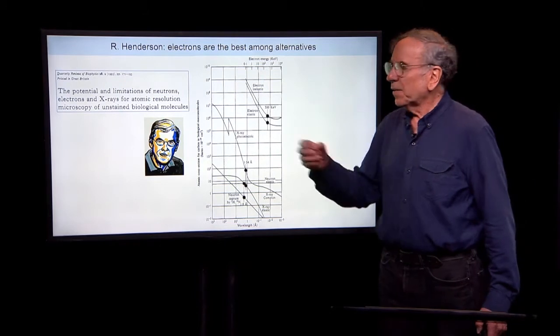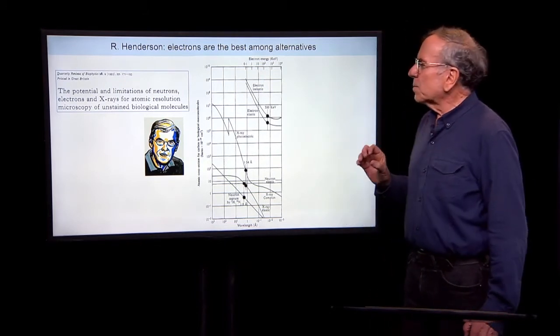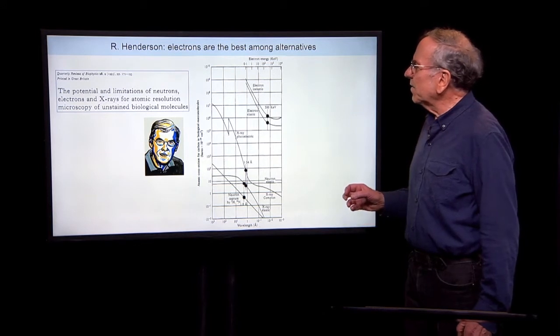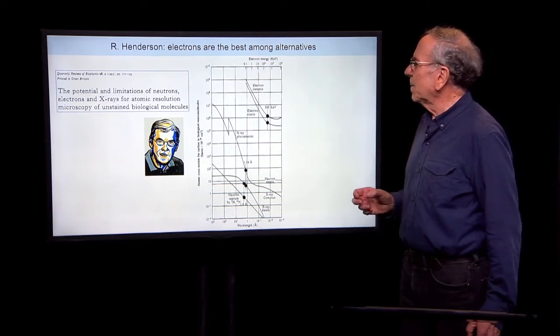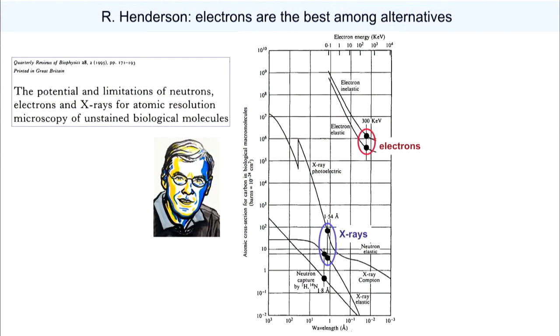Richard Henderson, the third of the three people who got the Nobel Prize, was one who considered carefully what is possible with the electron microscope. And he shows that electrons are much better than X-rays in two respects for imaging single particles.